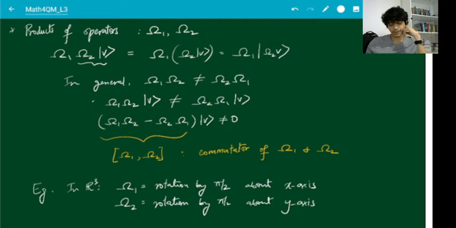And you can verify for yourself just geometrically. We can do it right now. You can verify that omega 1 into omega 2 is not the same as omega 2 into omega 1.